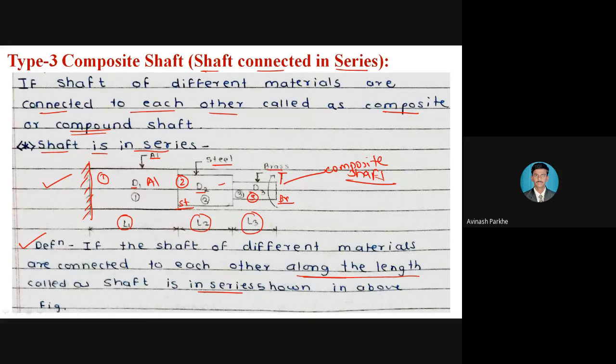Okay, so now in this construction, one end of the shafts is fixed. At the left side, the structure is fixed, and at the right side, it is totally free. At this free end, the T amount of torque is applied.